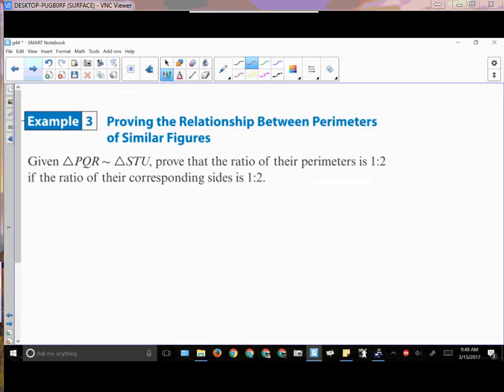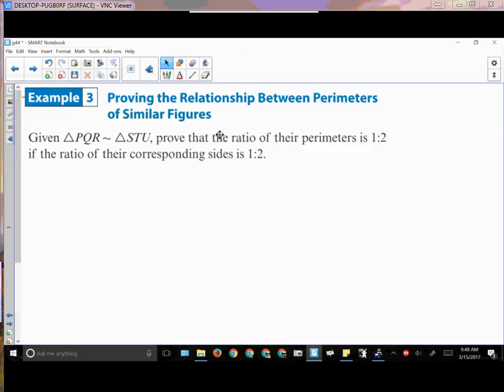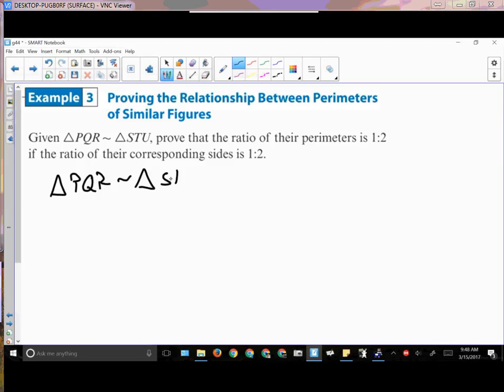Now, I want to prove the relationship between the perimeters of similar figures. We're going to go through this and try to create ourselves a nice logical argument for this. So, first offhand, we are told that triangle PQR is similar to triangle STU. Well, that was given.